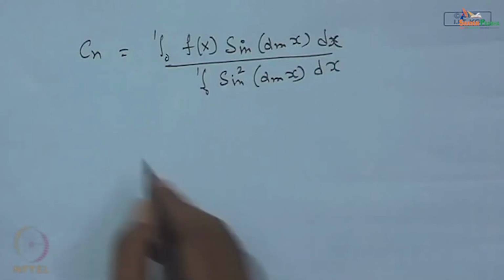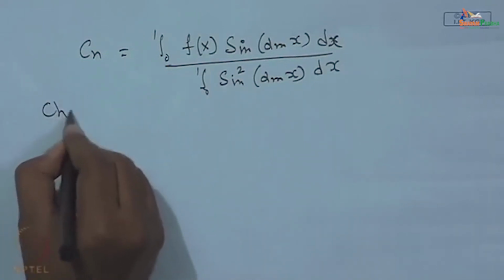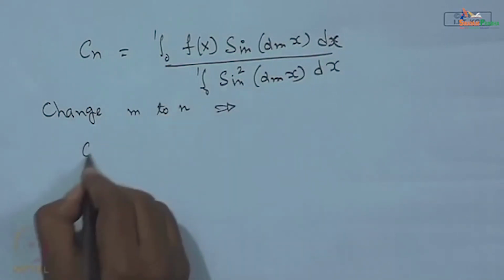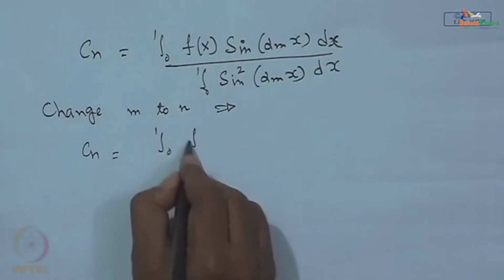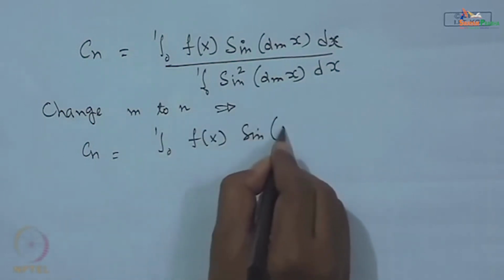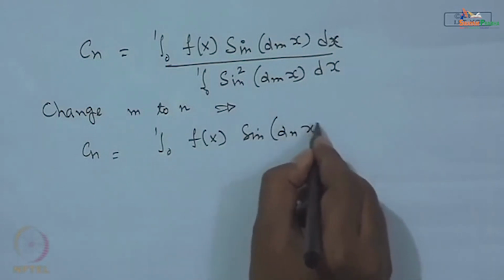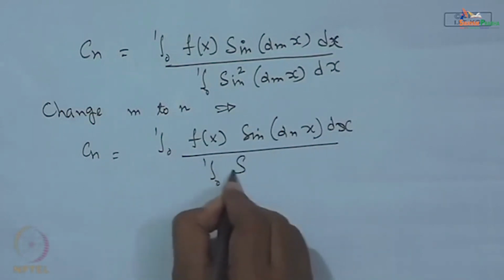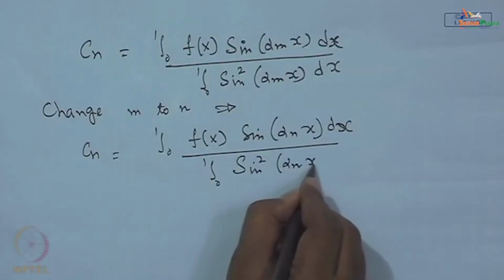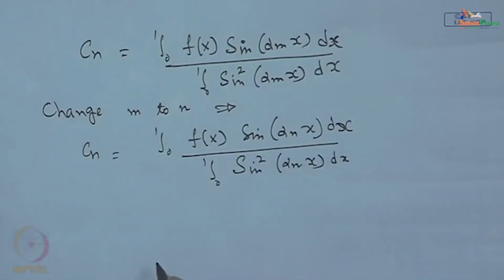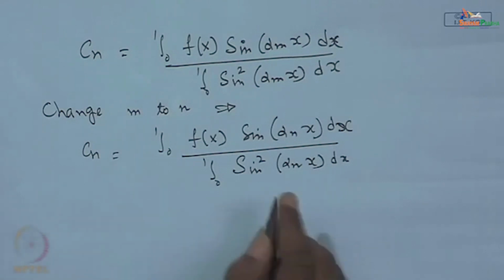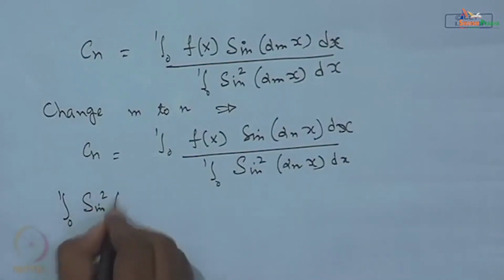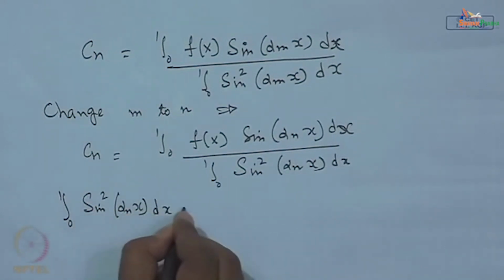So, what we do is we now change the running index m to n. So, C_n becomes the integral from 0 to 1 of f(x) sin(alpha_n x) dx divided by the integral from 0 to 1 of sin square alpha_n x dx. Now, let us look into the denominator and evaluate this integral, 0 to 1 sin square alpha_n x dx, for this particular problem.